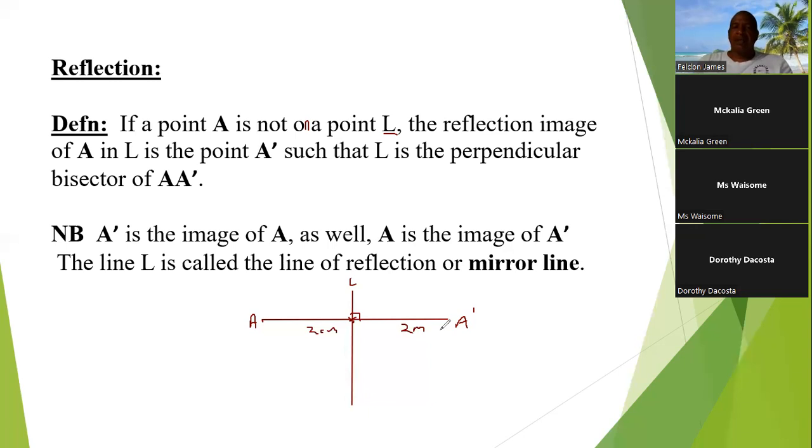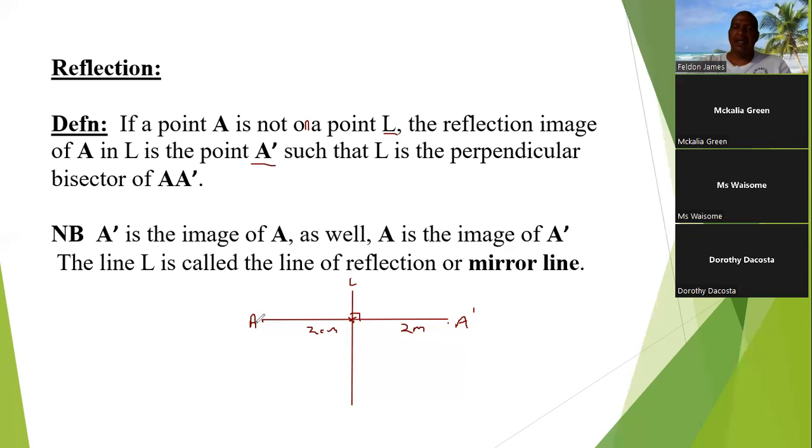So, all right, as I was saying earlier, the line L is your mirror line. So the definition is saying that if you have a point A which is not on the line L, so this point A is not on the line L, the reflection image of A in L is the point A dash.